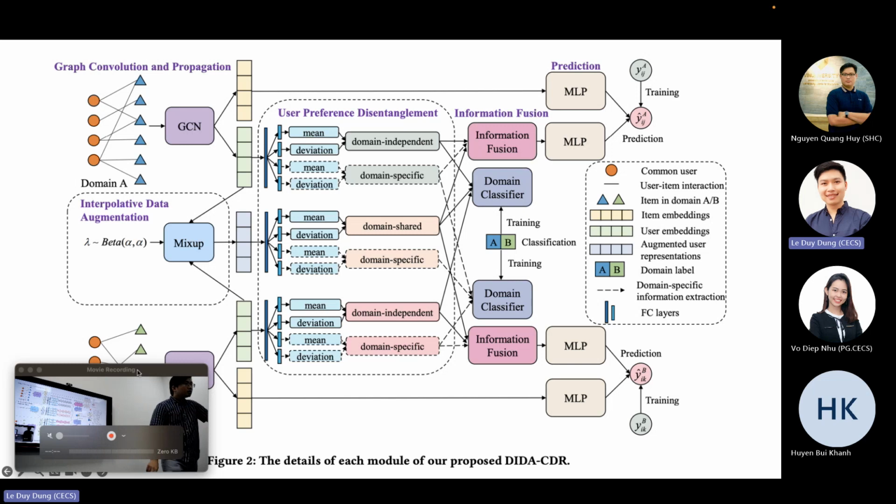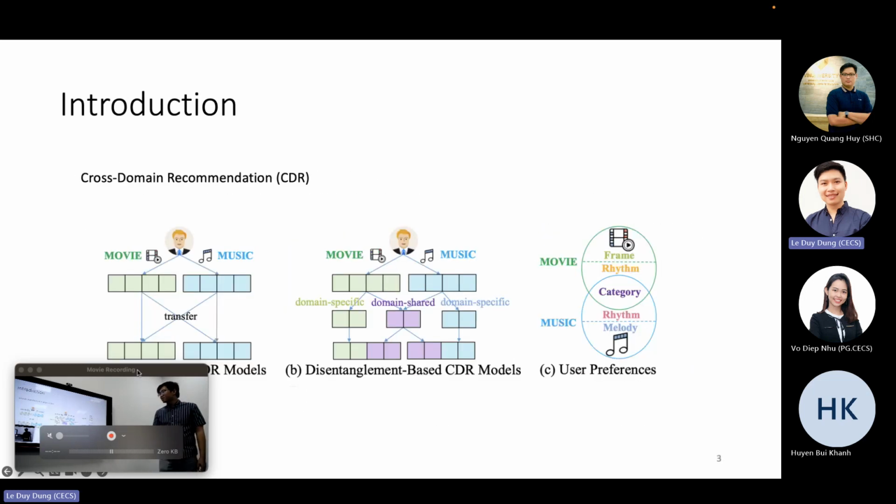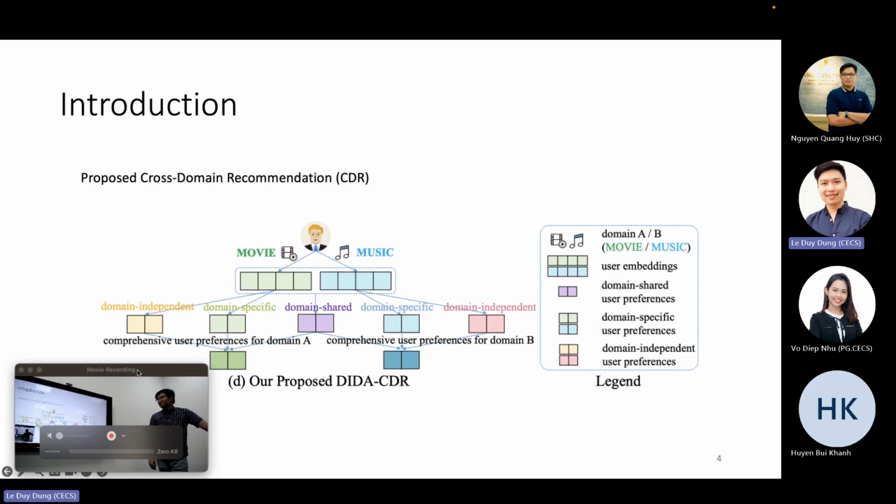But I can't find anything really different from the dual target. The main point is not really different, but I think the new technique is the domain independent and domain specific parts.